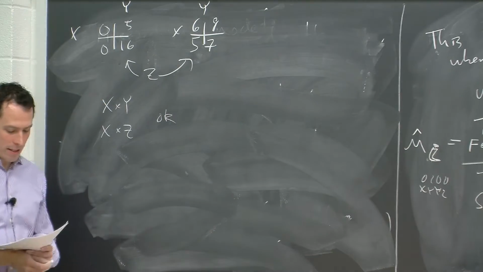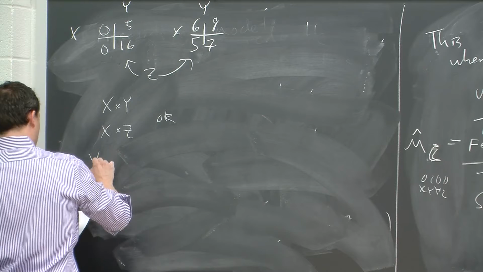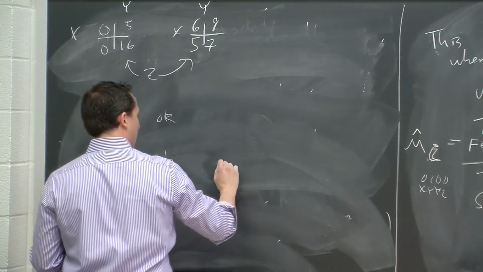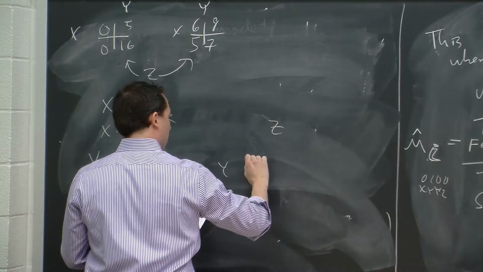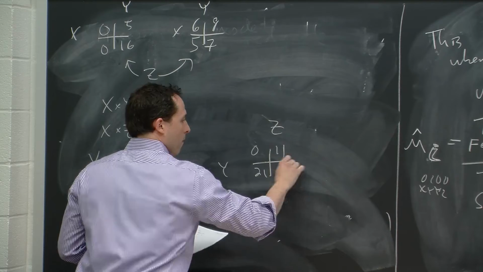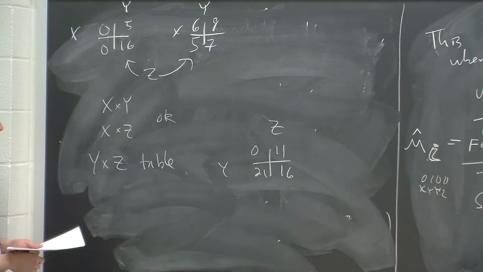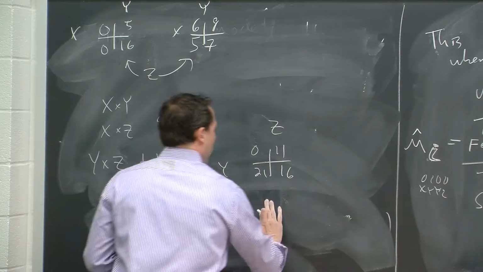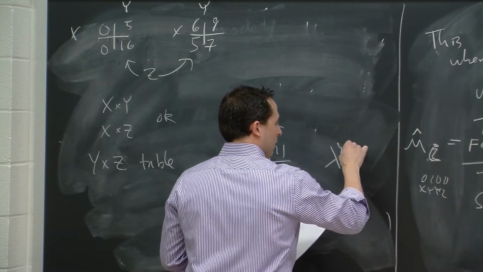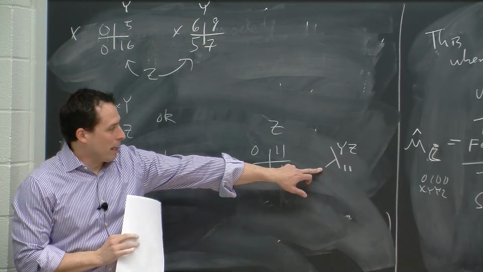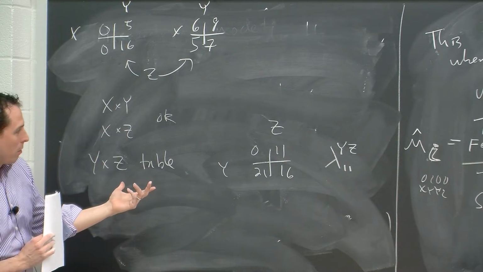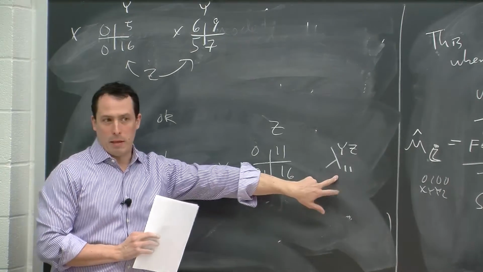There won't be any zeros in that. But the y by z table looks like 0, 11, 21, 16. That has a 0 in it, and that suggests that when I run my log linear model and try to estimate the coefficient lambda 1, 1, yz in, say, a no three-way interaction model or a homogeneous association model, this might be a problem.